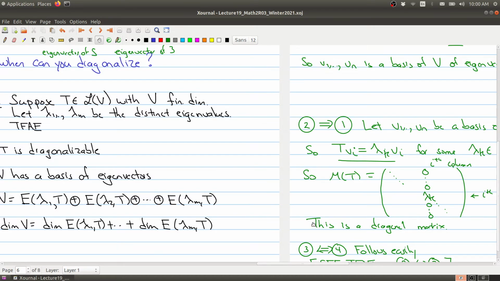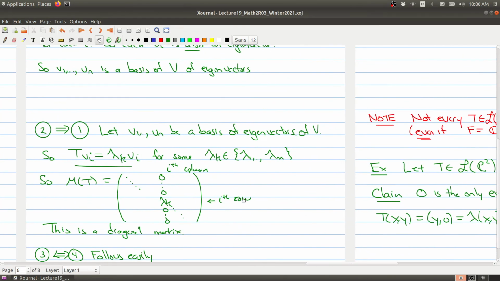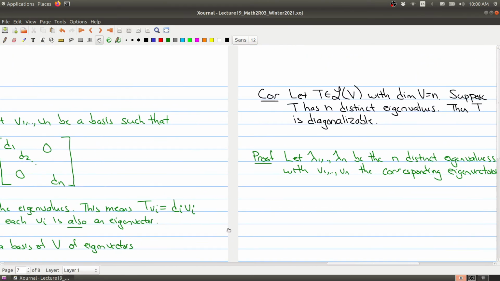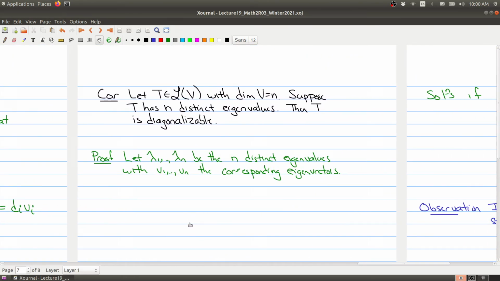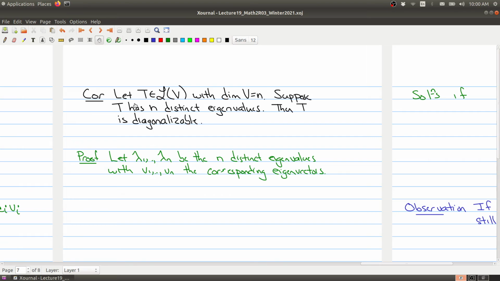Let me state one consequence, which is something we used a lot in Math 1B03 when we did examples. If T is a linear operator, and we know that the dimension of V is n, and that T has n distinct eigenvalues, then T is diagonalizable.